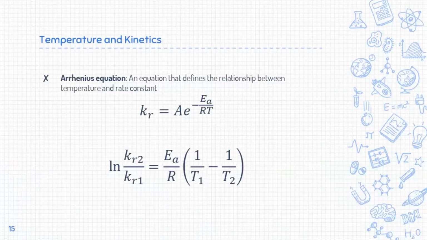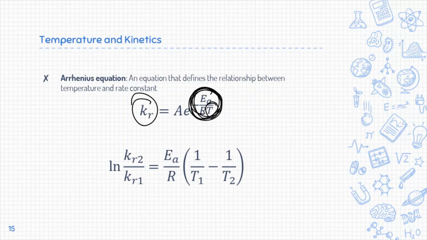So temperature and kinetics. Let's talk shortly about the Arrhenius equation. This equation is important for two main reasons. First, it shows a relationship between rate constant and temperature. So as the temperature increases, this becomes less negative, right?